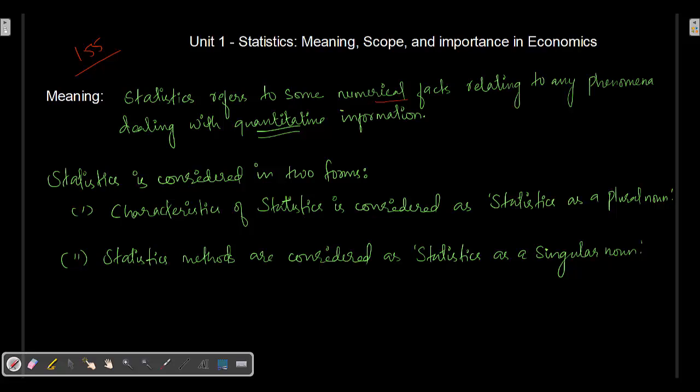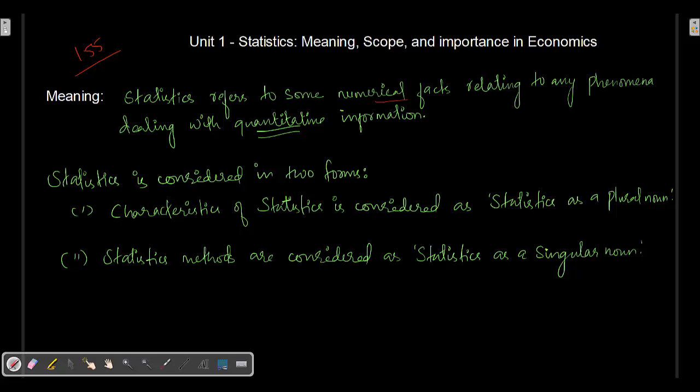Yeah? Now, okay. So when we talk about statistics, we have learned that it refers to some numerical facts relating to any phenomena dealing with quantitative information in social science or exact science, such as the facts and figures pertaining to population, literacy level, pollution, etc. So here, the word statistics is considered in two forms.